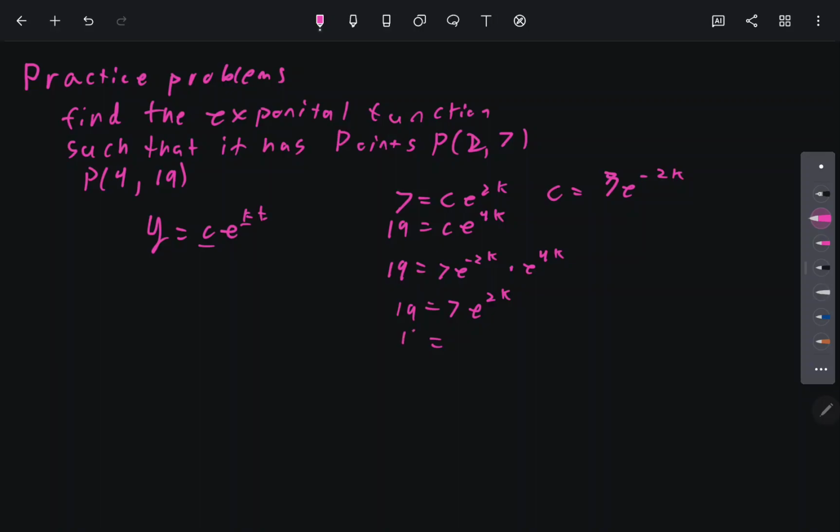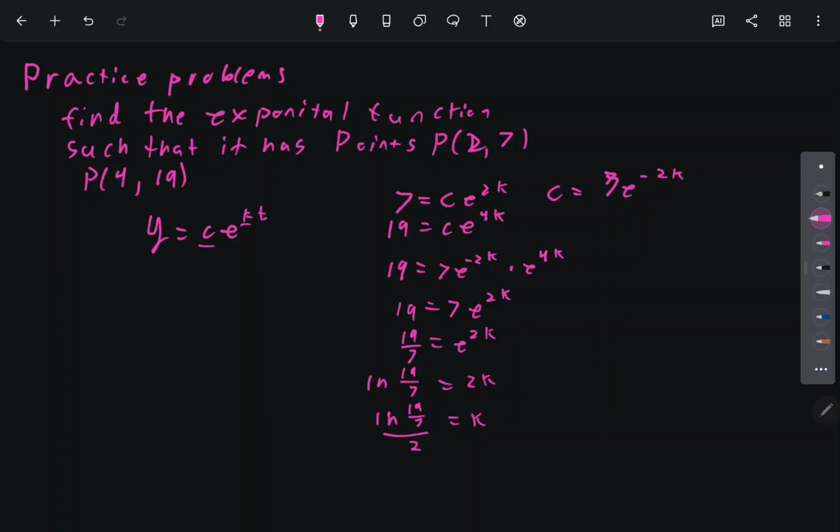Divide the 7 over, and we get 19/7 is equal to e to the 2k. Now we just need to take the natural log of 19 over 7, which is equal to 2k. And then k is going to be equal to the natural log of 19 over 7, all over 2.